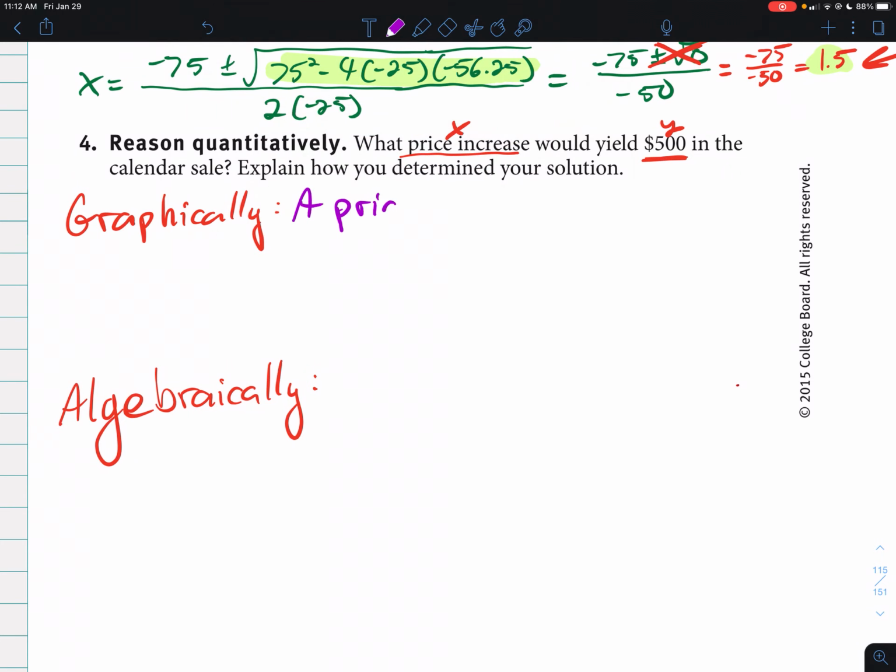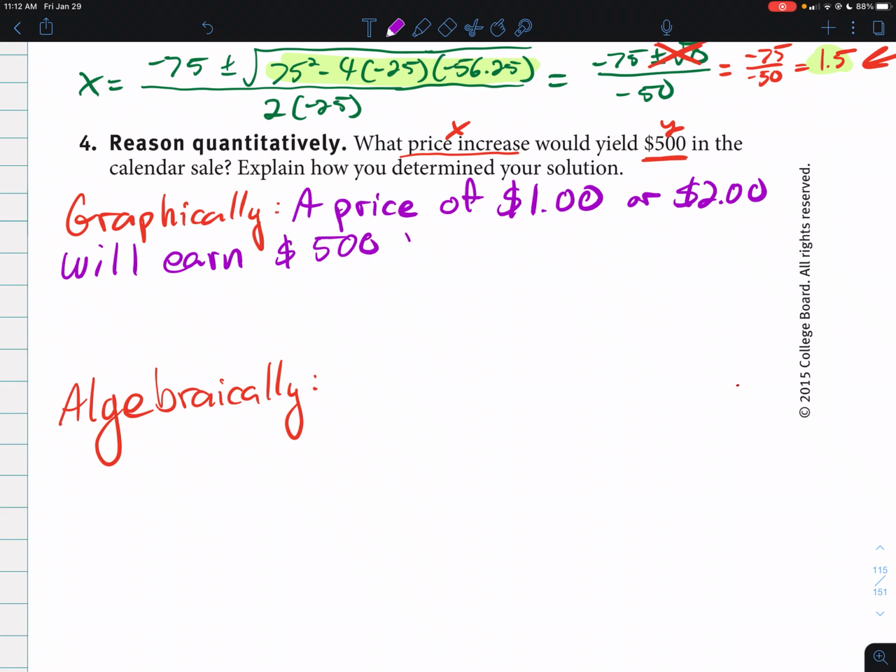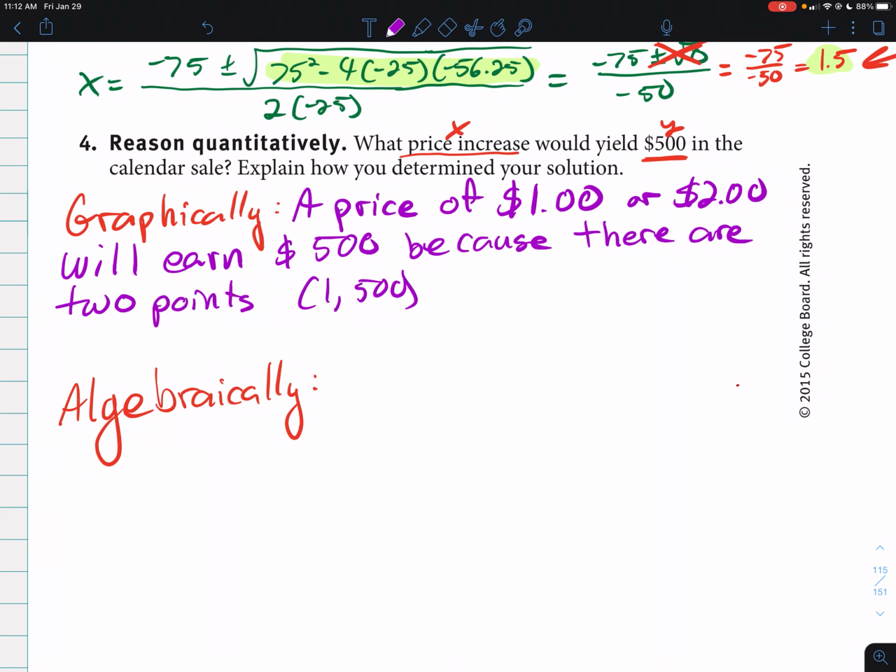A price increase of $1 or $2 will earn $500 because there are 2 points, one 500 and 2 500, with earnings of $500.